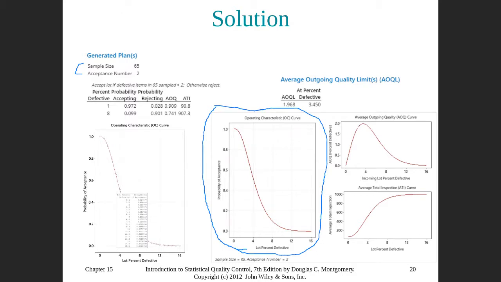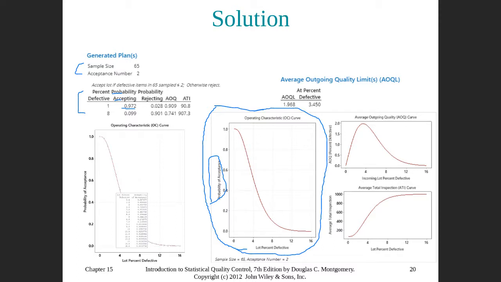The results here in this table represent the probability of acceptance, based on the vertical side or the y-axis in the chart, which is given as 0.972, or probability of the time.